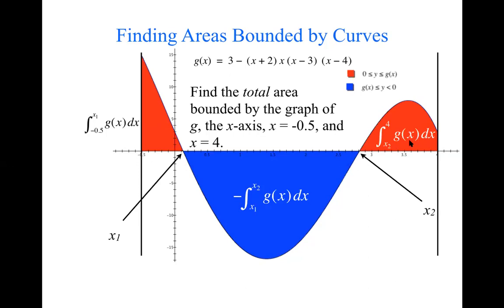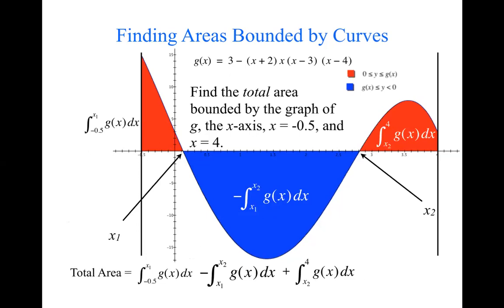So integrating from x2 up through the given boundary of 4 should give a positive result, and therefore corresponds to the physical amount of space, that area. So if I add these 3 parts together, keeping this with a negative in front of it so that it looks like that, I get the total area.